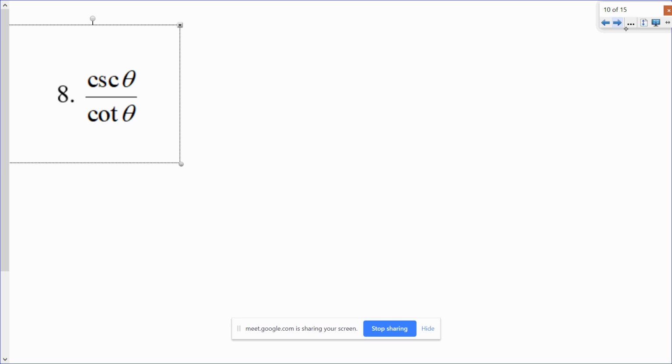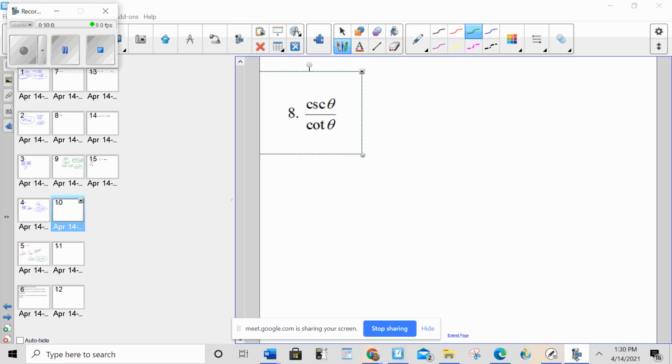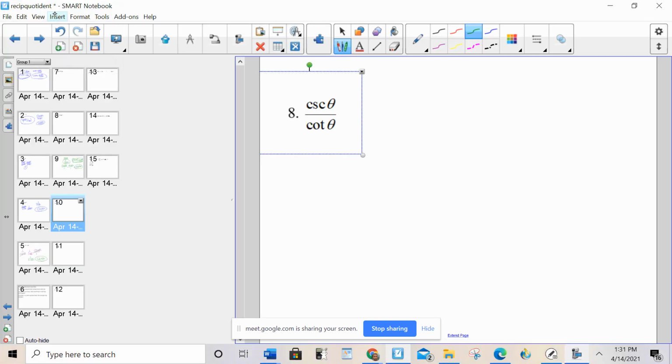Why don't you try number 8 on your own? You're going to have to keep, change, flip because you're going to end up dividing by a fraction. Again, the first step is to rewrite everything in terms of sine and cosine. Cosecant is 1 over sine. Cotangent is cosine over sine.